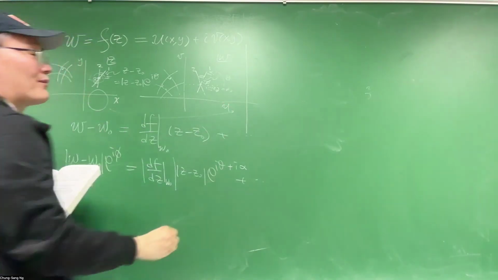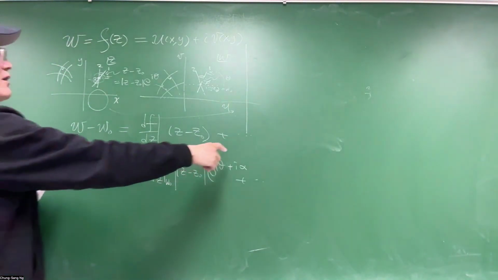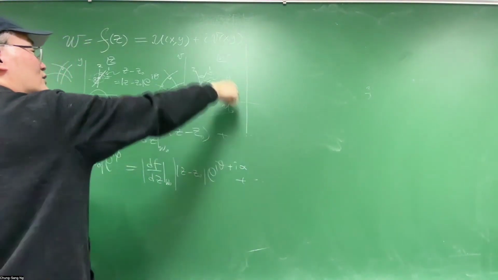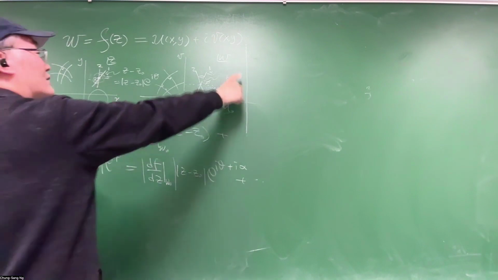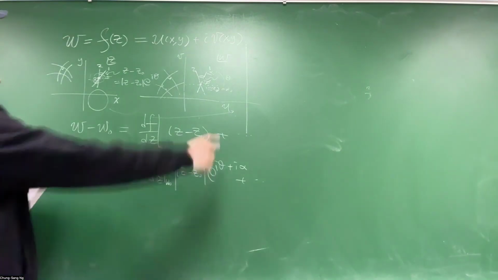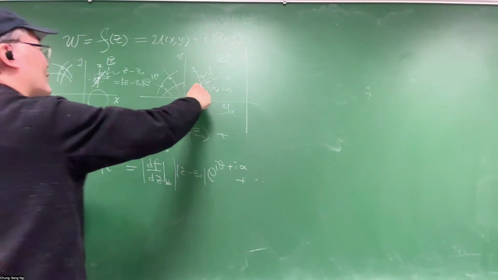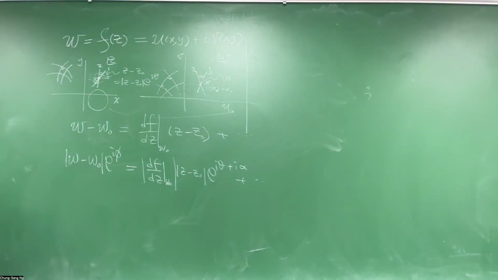On the W plane, a straight line will go to infinity, right? So if this curve maps to a straight line, which goes to positive or negative infinity, it doesn't have to be along the real axis or imaginary axis. It can be any arbitrary direction, but it still goes to infinity.